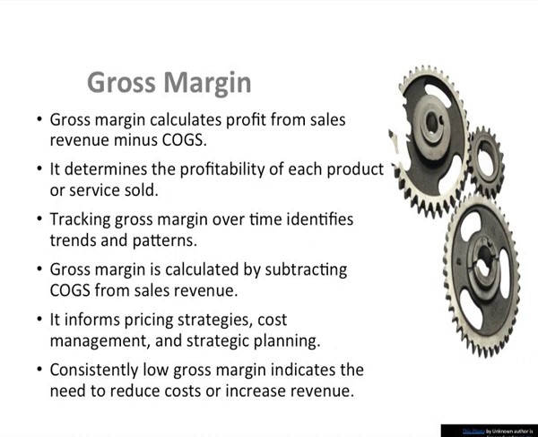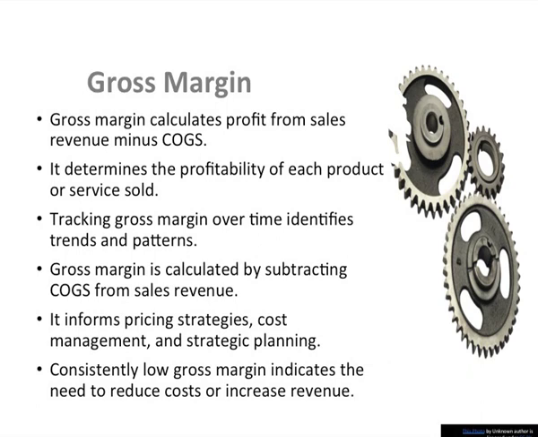Gross margin is a financial metric that calculates the difference between a business's sales revenue and its cost of goods sold. In other words, gross margin represents the profit that a business earns from selling its products or services after accounting for the direct cost associated with producing or purchasing those products.